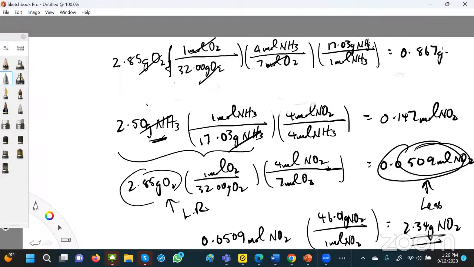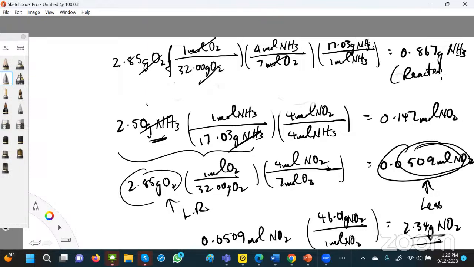Let me do this again. 2.85 divided by 32 times 4 divided by 7 times 17.03. Okay, 0.867 grams of ammonia. Remember now, this is the amount of ammonia that reacted.